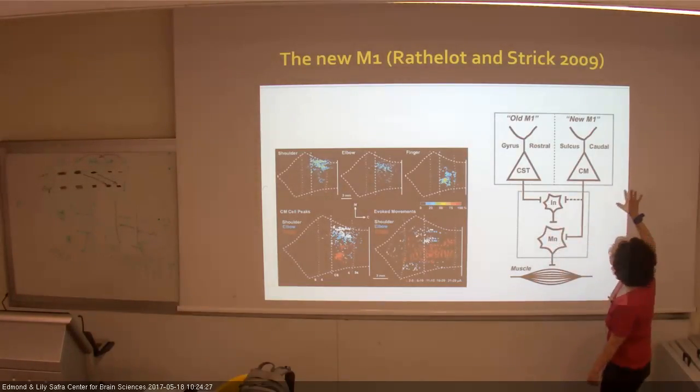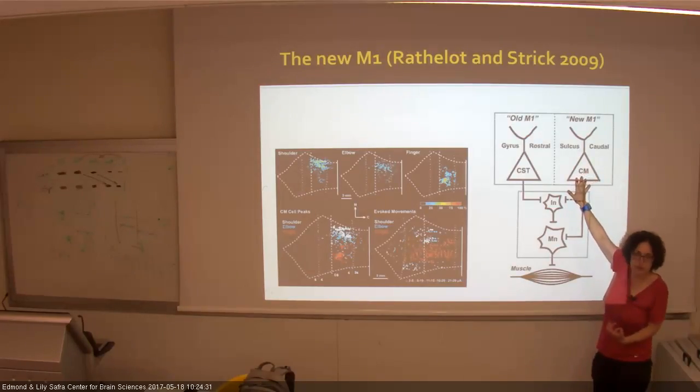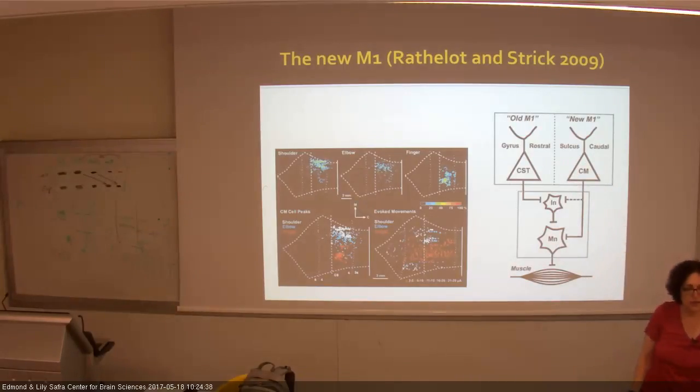However, if we have this system as the major component of the primary motor cortex, we may expect that already at the cortical level, the command will be specified in muscle-based coordinates.